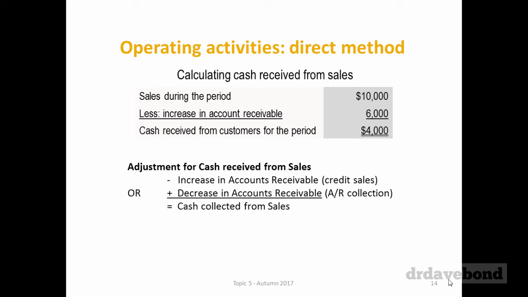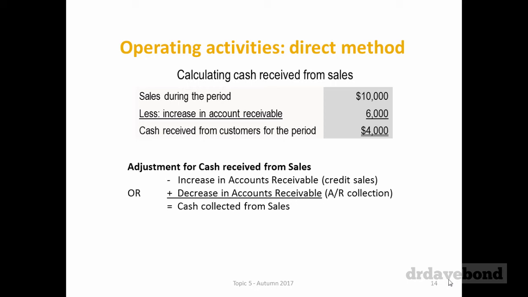So let's look at the accounts receivable balance in isolation. If we started with 60, we have sales of 10 that would get added in here. We should have a balance of 70 if we collected off nobody. That would be the balance if we collected off nobody.